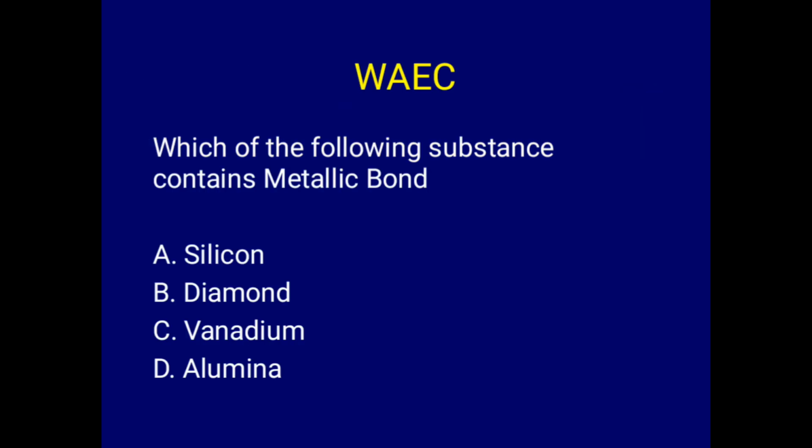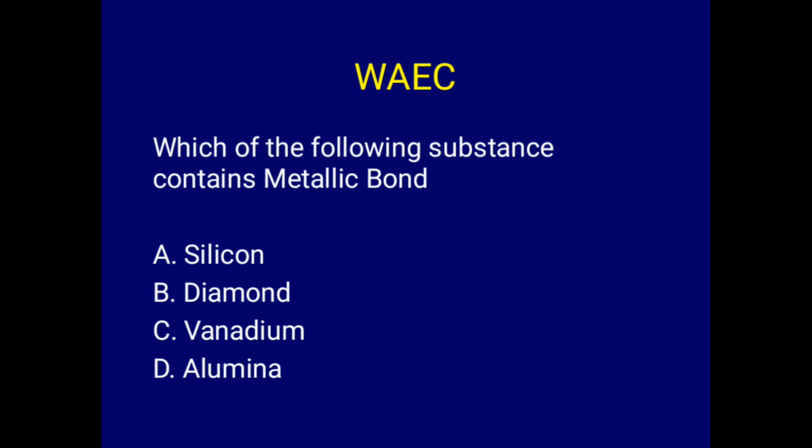Let's look at one question: which of the following substances contains metallic bond? Silicon is a metalloid, so it does not contain metallic bond. Diamond is an allotrope of carbon, a non-metal.